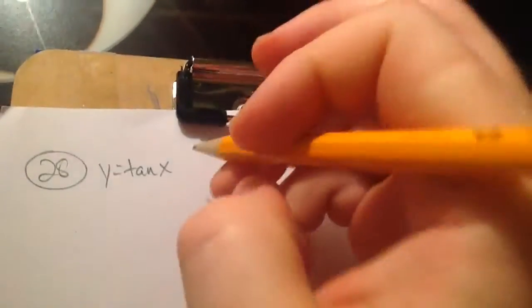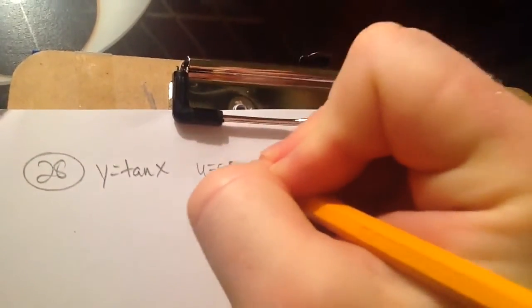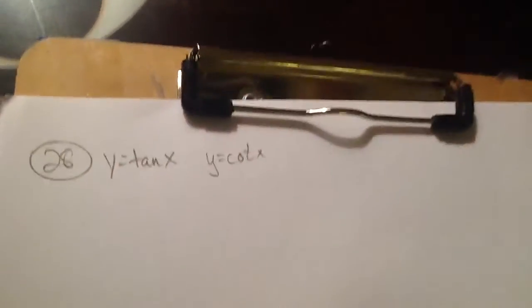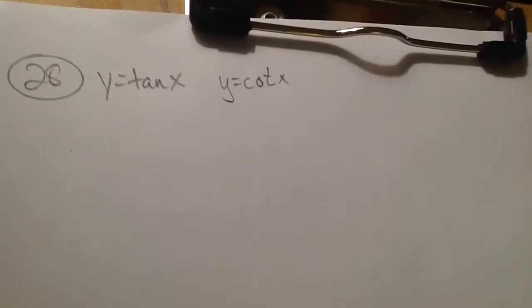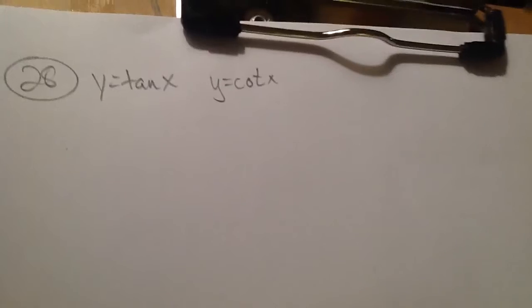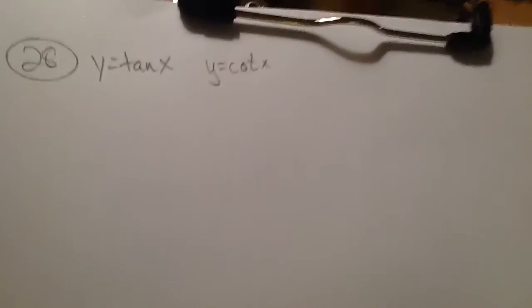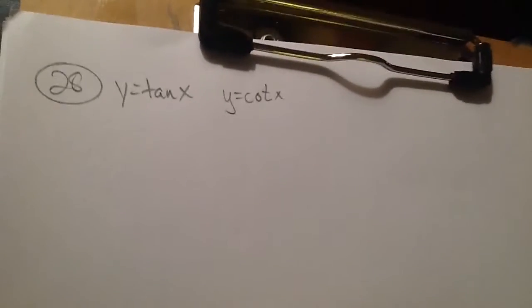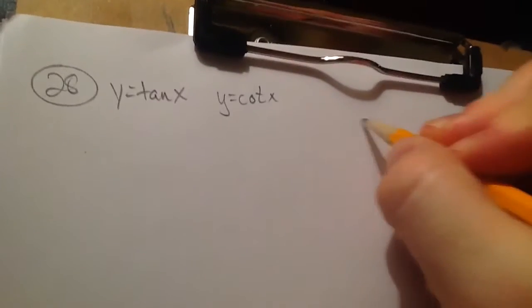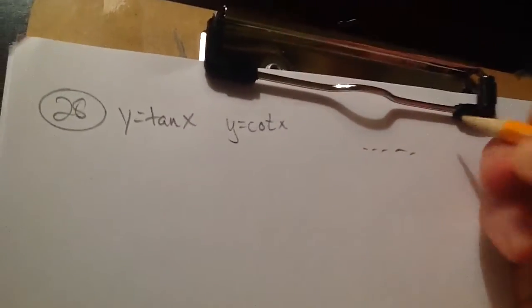What is this all about? Oh, explain or show that the graphs have no horizontal tangents. And notice you can't use a graphing calculator. So how can you show that those don't have horizontal tangents without using a graphing calculator? Well, you have to think about what a horizontal tangent means.